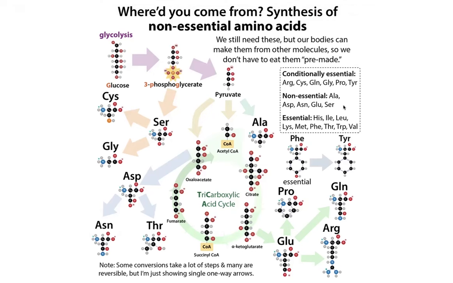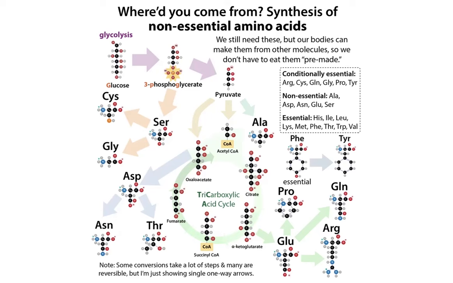There are also, however, going to be amino acids that are essential. Now, when we say that alanine and asparagine and aspartate and glutamate and serine are non-essential, that doesn't mean our bodies don't need them. Our bodies definitely need them, which is probably part of why we can make them from scratch. It's so important that we make them ourselves, and we can make them ourselves.